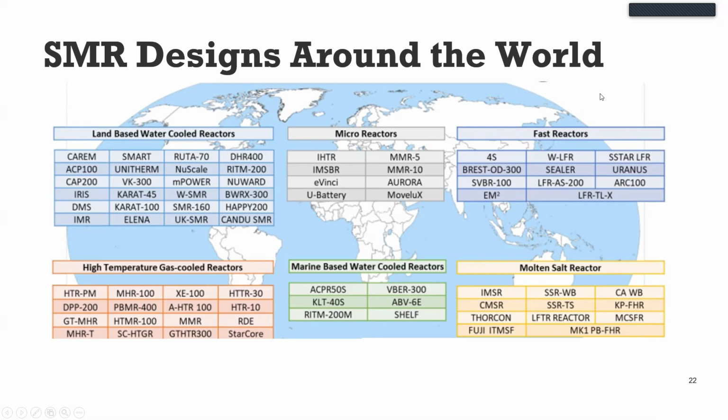Now, we have land-based water-cooled reactors, like the Voyager in the United States, and marine-based water-cooled reactors, like the Akademik Lomonosov in Russia. We also have microreactors being prototyped, which can range in capacity from 1 to 10 megawatts electric. And we have the fast reactors and the high temperature gas-cooled reactors, which have been described by Katia, and also the molten salt reactors.